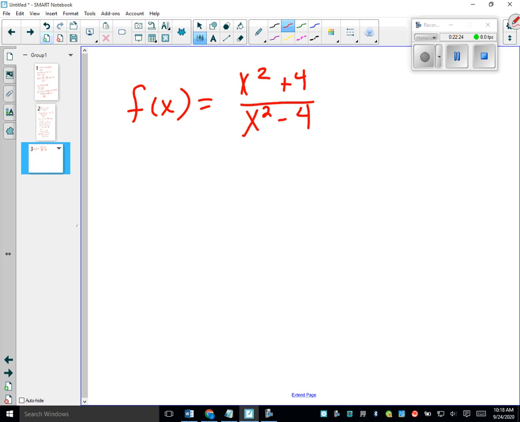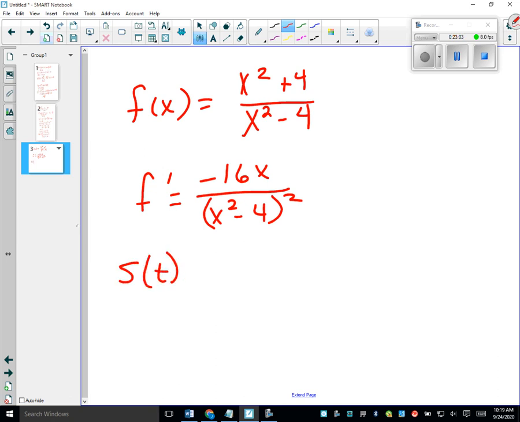Are you doing a quotient? Did you already do it? So what did you get? Negative 16x over x squared minus 4, squared. Okay, do we agree? So we've got the quotient rule now. Apparently not. Minus one. I think that's the minus multiplier. All right. Got it.